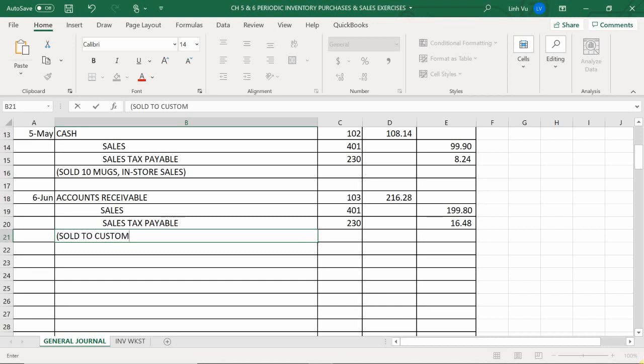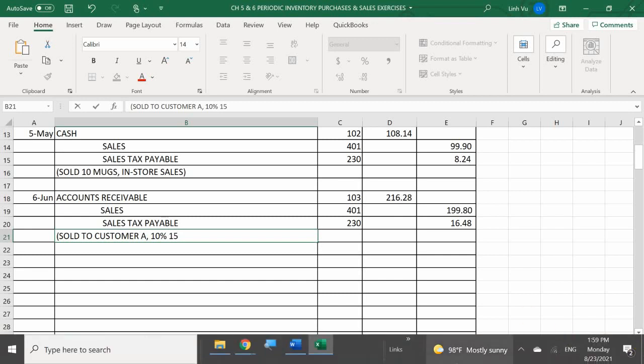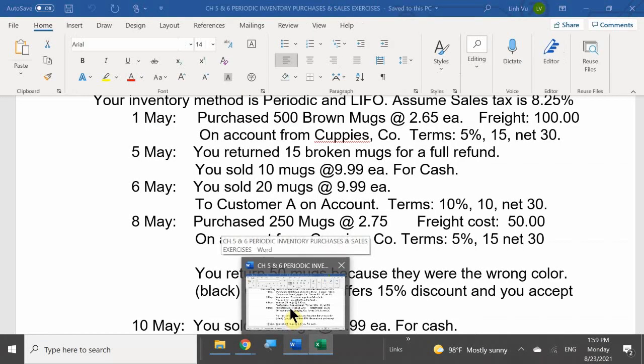Sold to customer A. And then you could say 10% discount. Oh, sorry. Is it 15 or 10? Let's see. We're going to be giving customer A 10 days to pay.